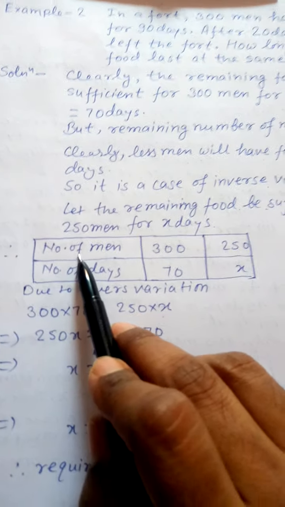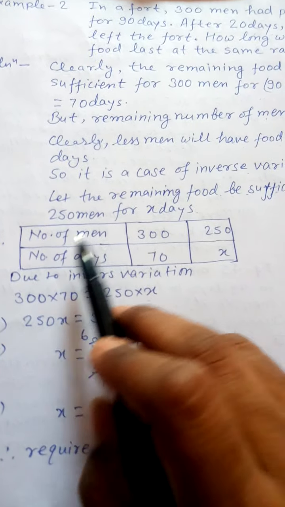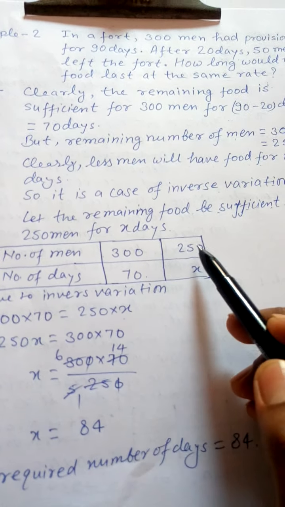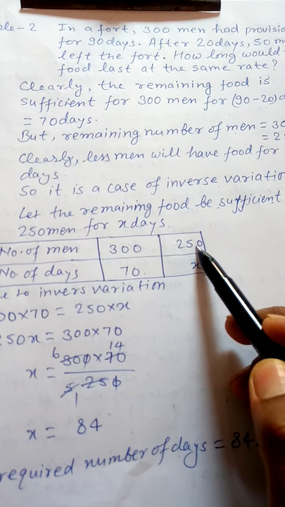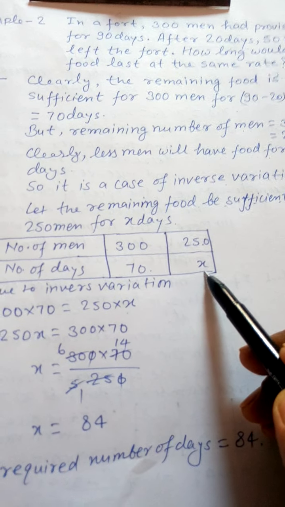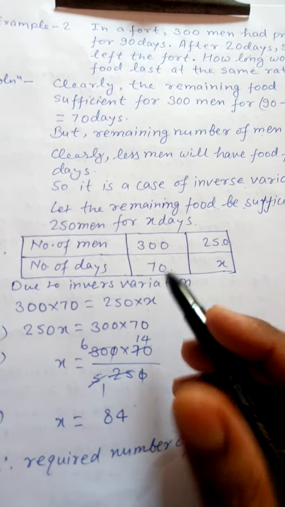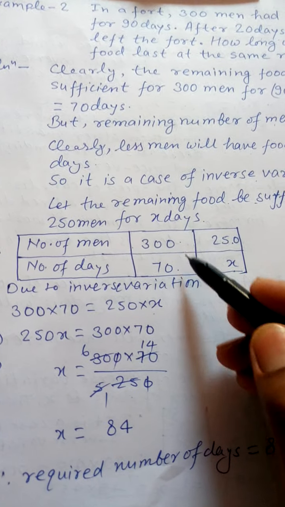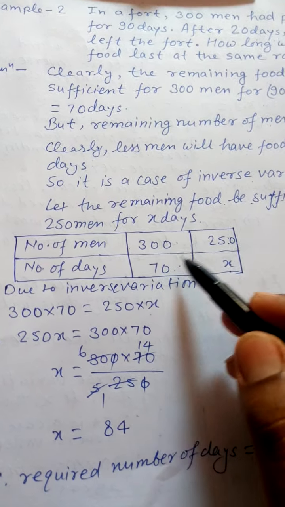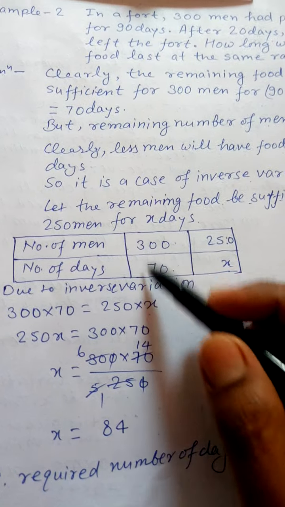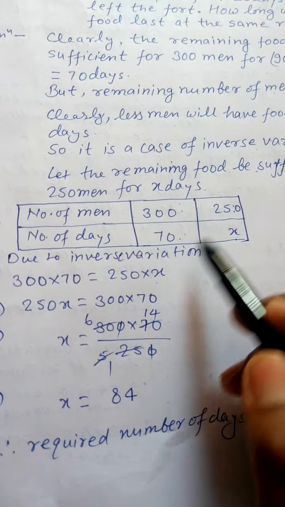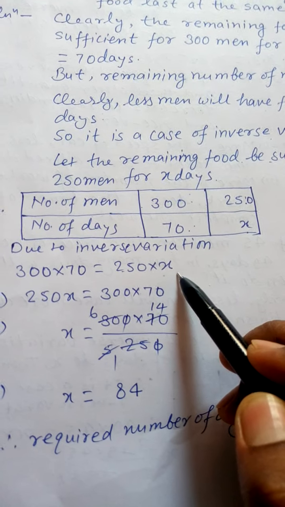So the table is number of men, number of days: 300 men for 70 days and 250 men for x days. Due to inverse variation, we can multiply x into y for the first two quantities. So 300 into 70 must be equal to 250 into x.